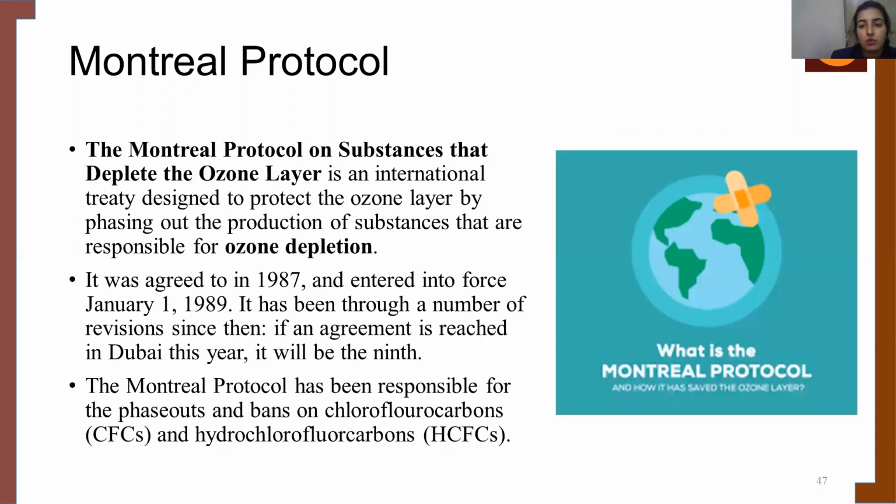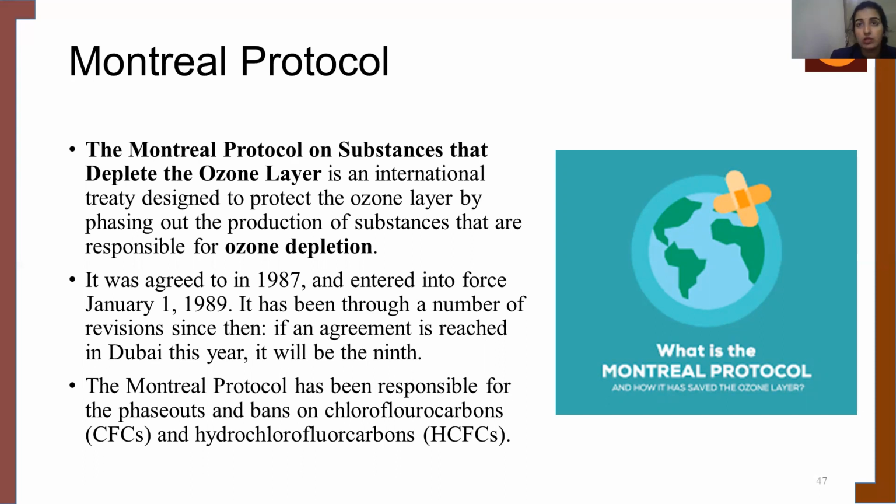The Montreal Protocol on substances related to the depletion of the ozone layer is an international treaty designed to protect the ozone layer by phasing out the production of substances that deplete it. It was agreed in 1987 and entered into force in 1989.